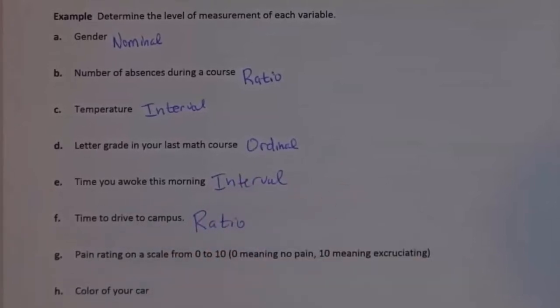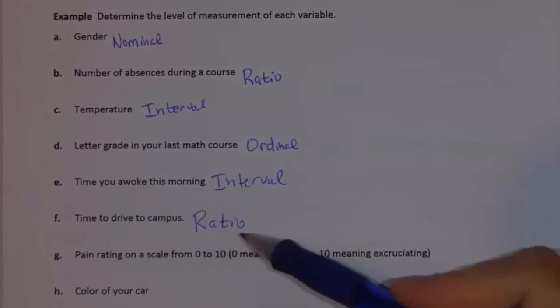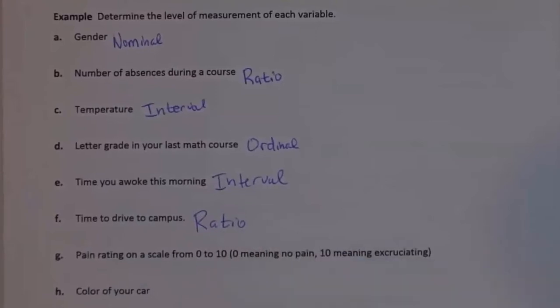Now, I do want to address the zero thing from a practical standpoint. Could someone drive to campus in like 0 minutes? Probably is not the case, right? You would have to live on campus if you were going to drive to campus in 0 minutes, so to speak. So 0 doesn't have to actually be possible. It just has to mean the absence of the quantity that you're talking about, right?